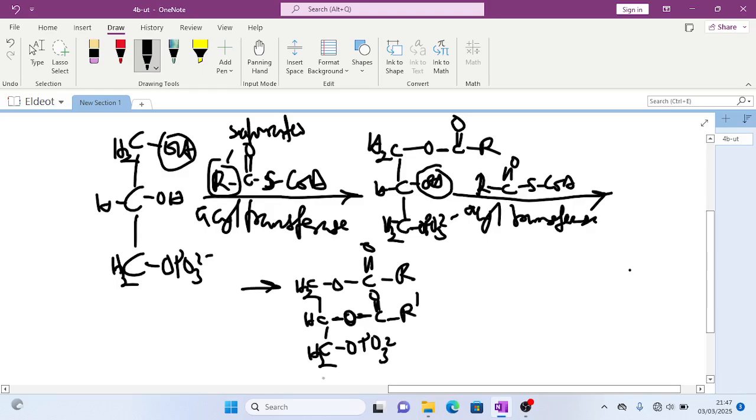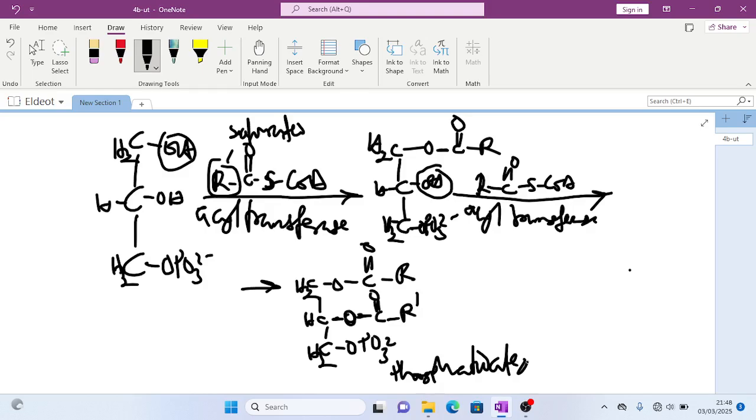So this product here is what is referred to as phosphatidate. And it's also an important precursor.